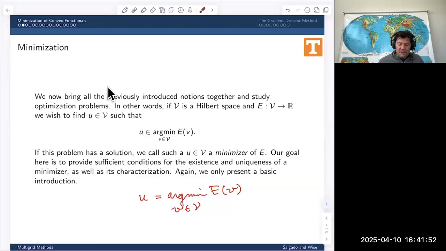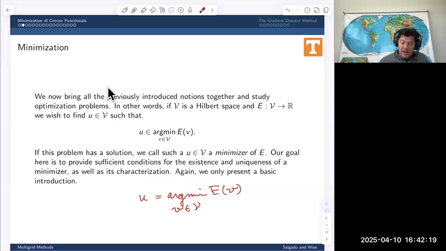But literally, the way you should interpret this is that it is actually a set. It means the minimizing set, or the arguments that minimize the function. Sometimes it's also called the solution set. So just like there can be an equation with multiple solutions, there can be a function that has multiple minimizers.